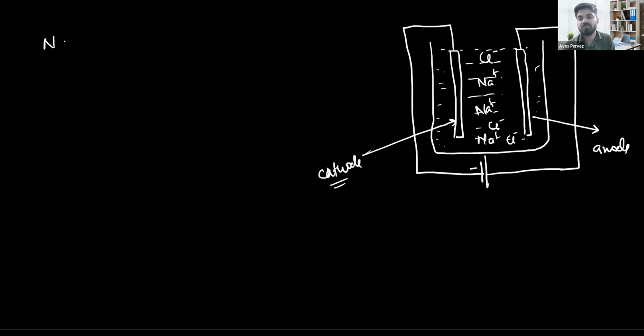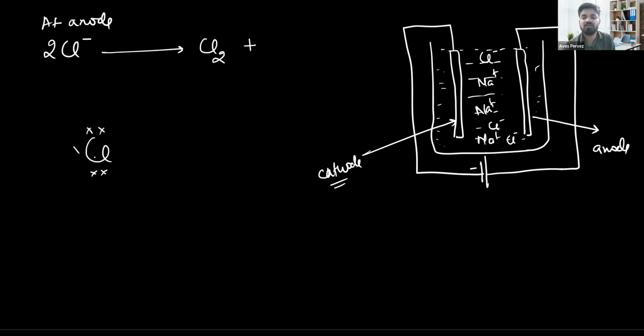Na is a positively charged ion, and Cl is a negatively charged ion. So what is going to happen? The two Cl minus ions, being negatively charged, will go to the anode. At the anode, the two negatively charged ions will lose their electrons and form Cl2 gas, because they are two chlorine atoms. Chlorine generally has 7 electrons in the outermost shell, 2, 8, 7. But when it acquires one extra electron, it becomes Cl minus with 8. Similarly, the other one also has 8 and a minus 1 charge.